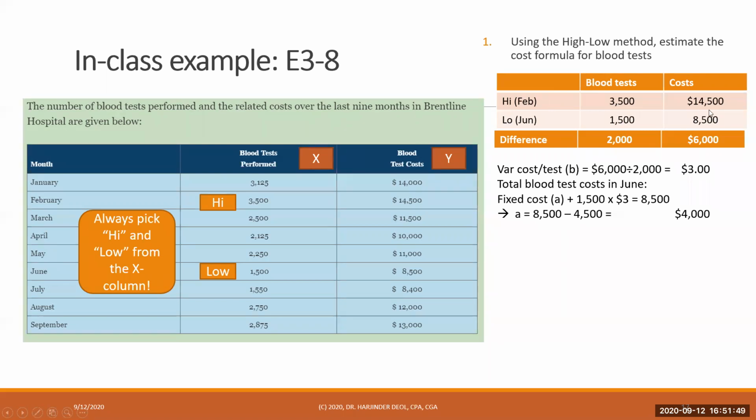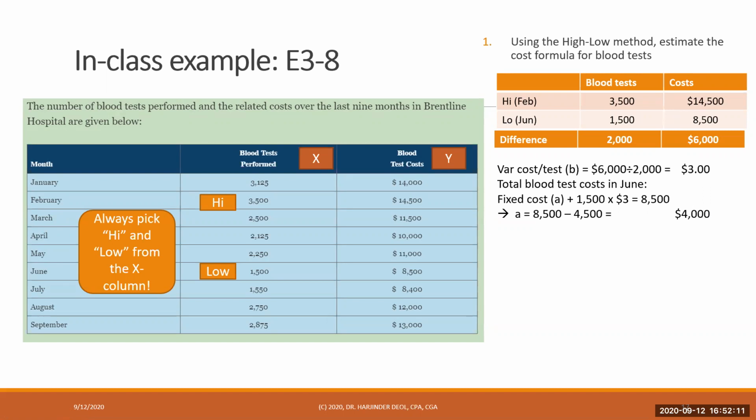Out of the 14,500, the variable cost portion is 10,500. The difference, 4,000, must be the fixed cost per month. Okay, so you would have gotten the answer regardless of whether you chose the high row or the low row to calculate the fixed cost component.